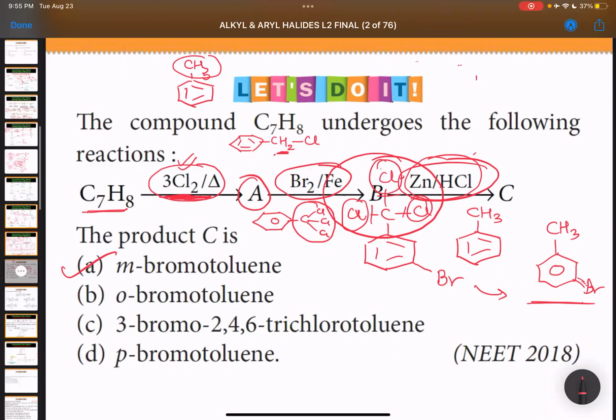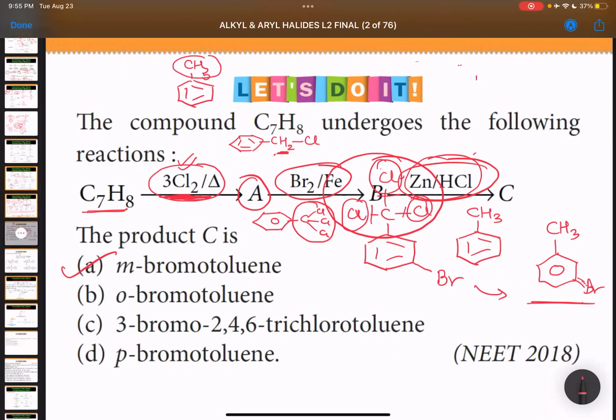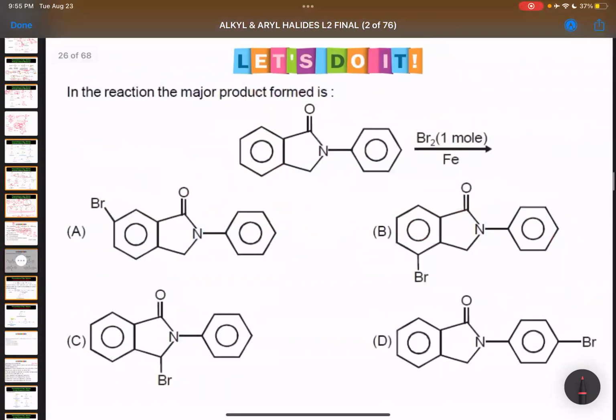It is a difficult question, so that's why I have kept it here. This is the next question. Br2 and Fe means Br2 and FeBr3. They are one and the same thing. If they just write Fe, the Br2 will react with Fe and form FeBr3, so you don't have to worry about it.